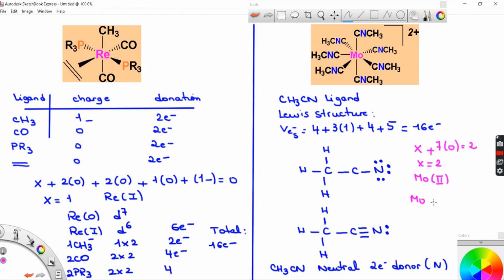Mo0 is D6. So Mo2 is D4, 4 electrons, and we have 7 acetonitrile, so 7 times 2 equal 14, and the complex is 18 electron complex.